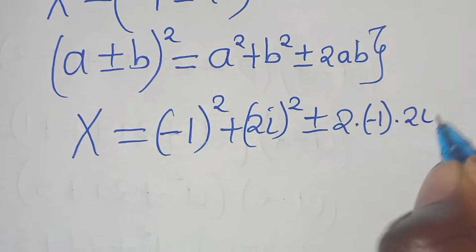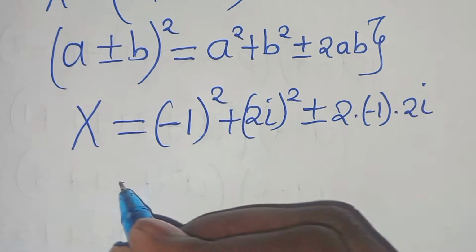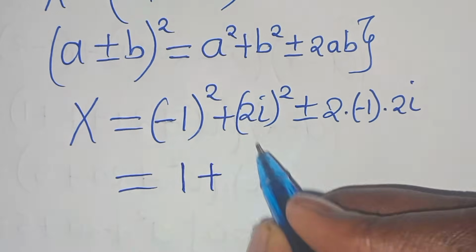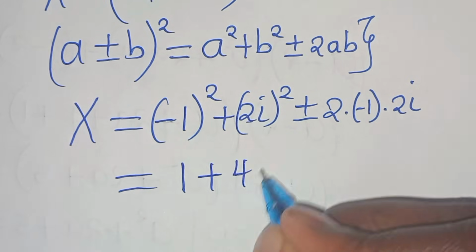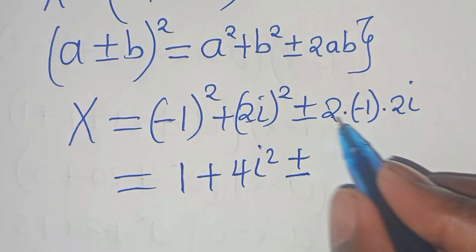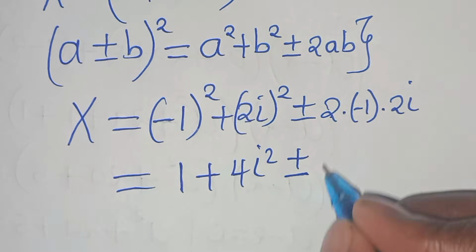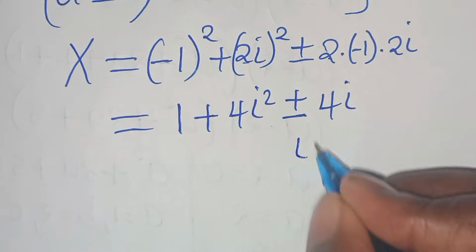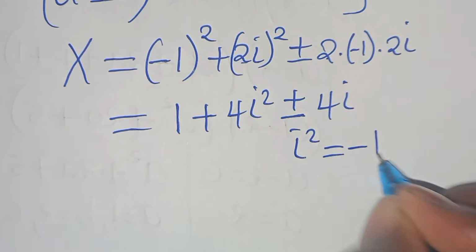And this means that here we have negative 1 squared, this is 1, plus 2i squared, this is 4i squared, then plus or minus 2 times minus 1 times 2i, this is 4i, and we have that i squared is equal to negative 1.